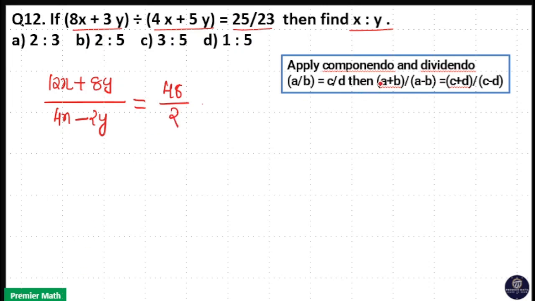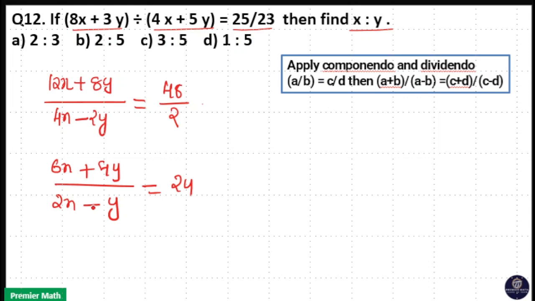So this is the componendo and dividendo rule. Here divide all the terms by 2. That is 12x by 2 is 6x, 8y by 2 is 4y, 4x by 2 is 2x, 2y by 2 is y. So 48 by 2 is equal to 24, and 2 by 2 is equal to 1.